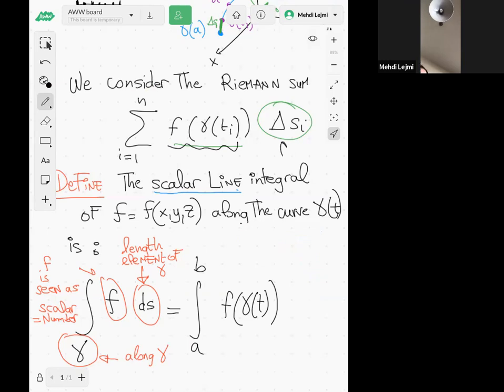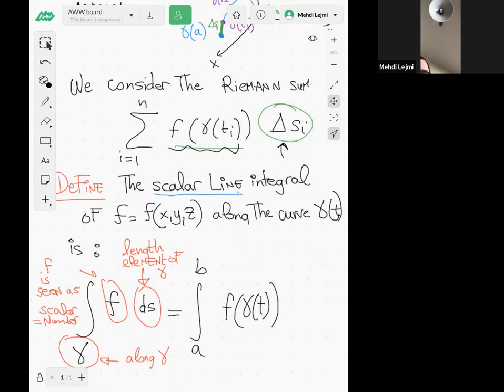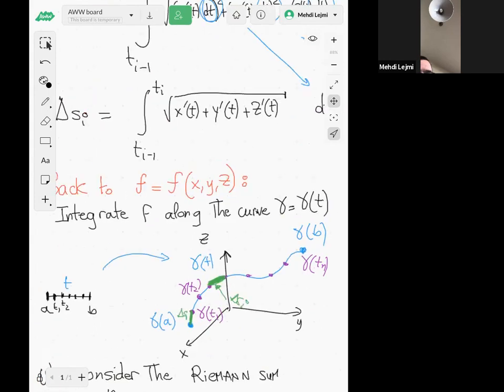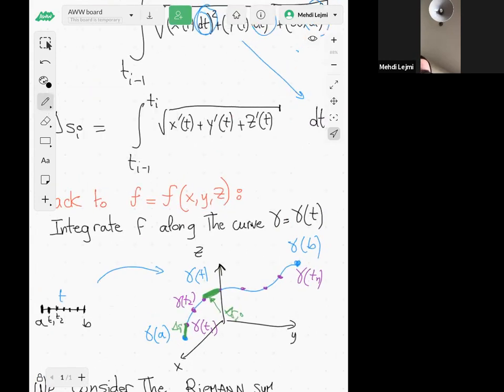When you take the limit, this delta s becomes ds, and this ds is the square root of x prime of t squared plus y prime of t squared, etc., dt. That is the length of gamma prime of t.